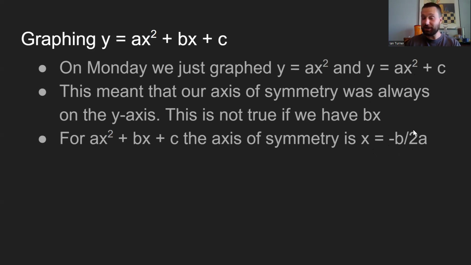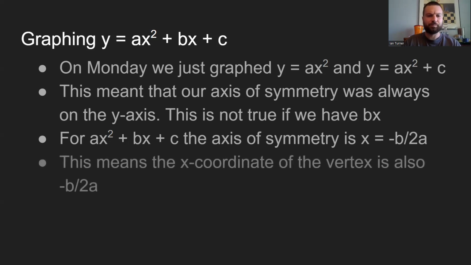That's how we find our axis of symmetry and our vertex. We need to use this little equation, -b over 2a. You just got to memorize that: x equals -b over 2a. Our x coordinate of the vertex is going to be equal to that. Then we plug that in to find the y.